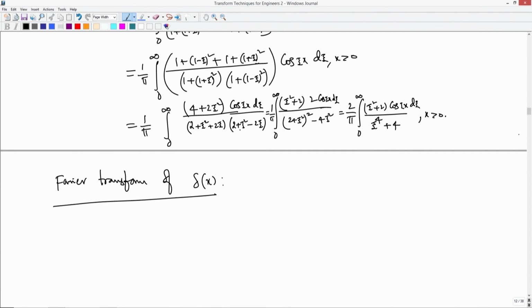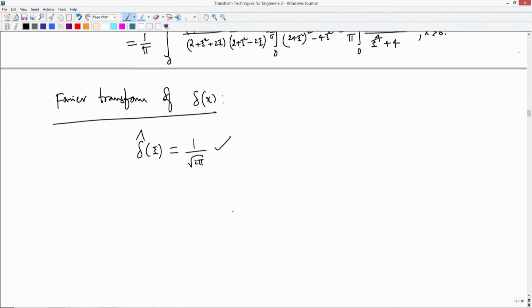I will show that the Fourier transform of the delta function, delta cap of x, that is delta cap of xi, once you have a cap it is a function of xi, is going to be 1 by root 2 pi. So, this is the result. We will try to prove this.